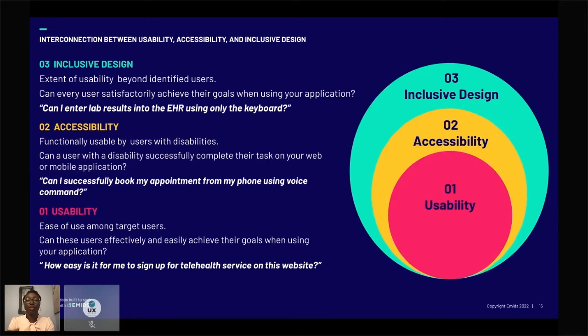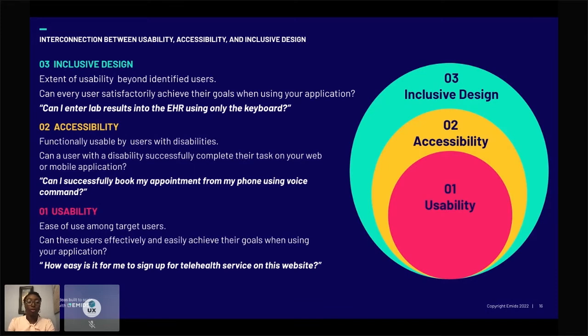It's important to go a step further, and that is looking at accessibility. And in this case, we are talking about can this product serve people with disability? Can people who interact with the product in a different way, outside of how the average user will interact with it, use it functionally?